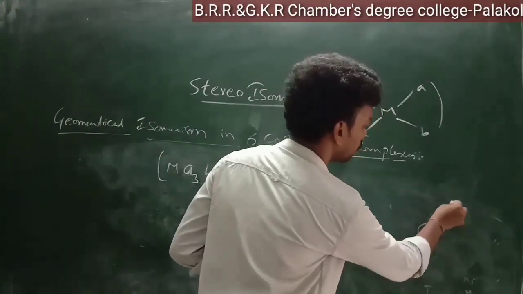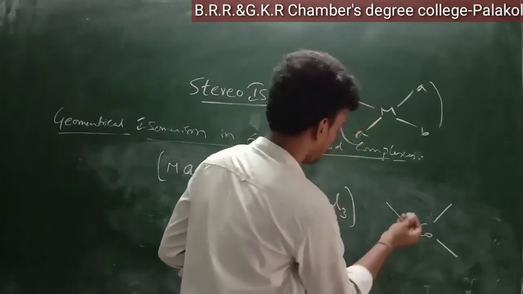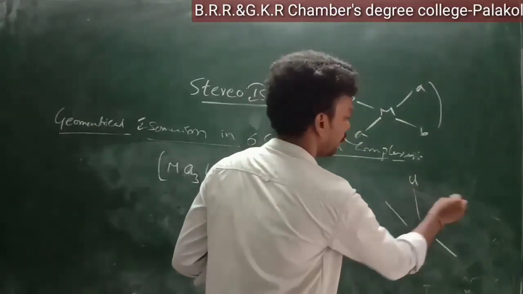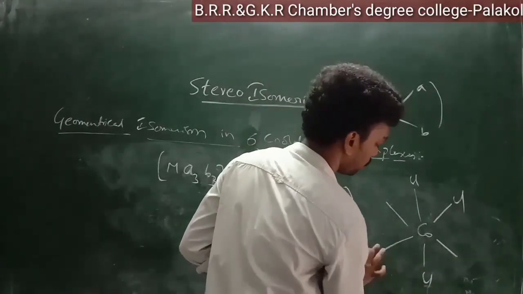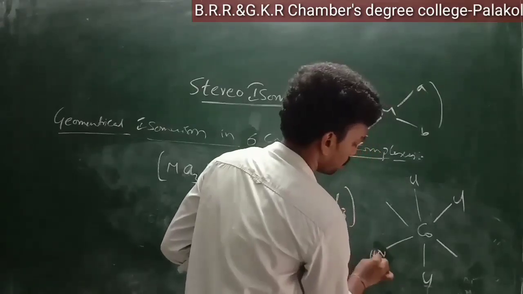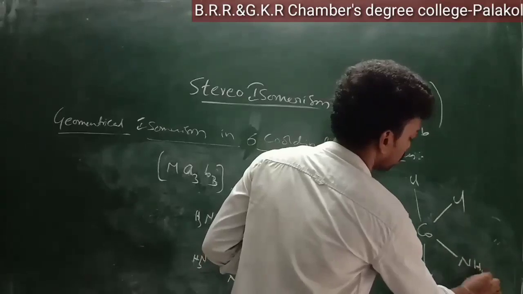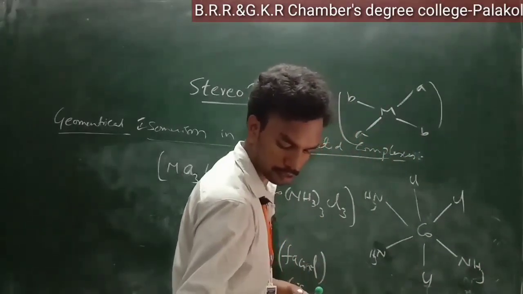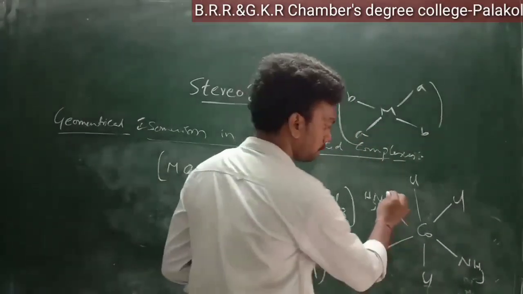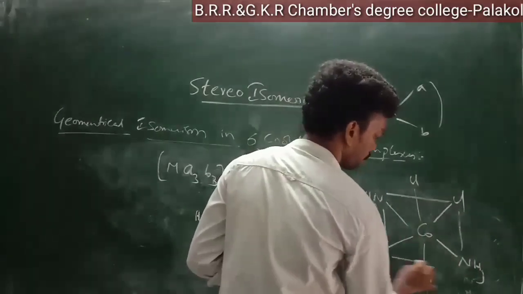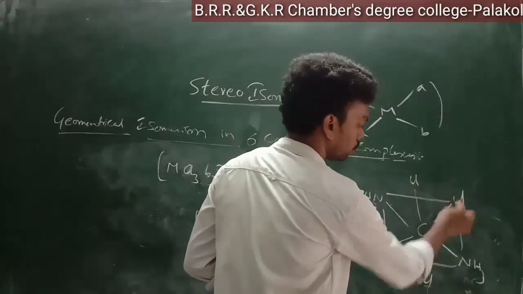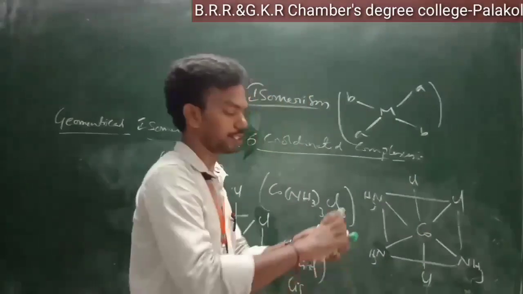Co, Cl, Cl, Cl, NH3, NH3, NH3. Okay. So 1, 2, 3. So these two chlorines are opposite side. These two chlorines are opposite.